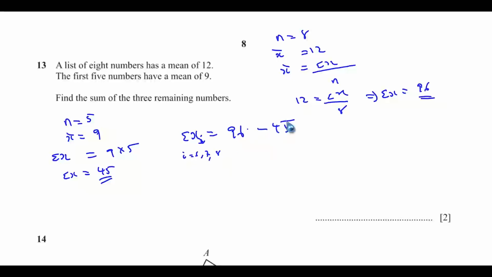That will give you 51. So the sum of the remaining 3 numbers is 51.